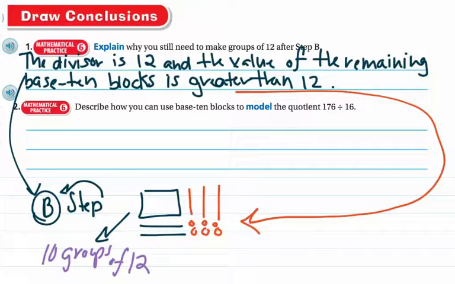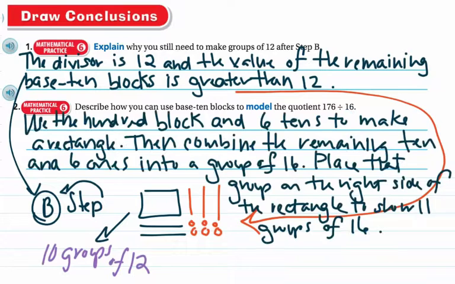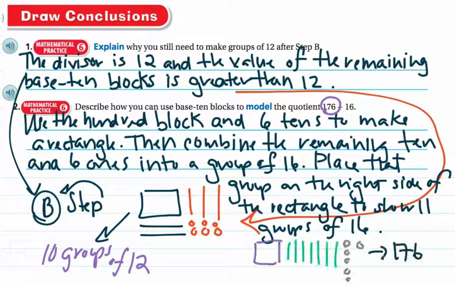Now on number 2, it says describe how you can use base 10 blocks to model the quotient 176 divided by 16. So we're going to use base 10 blocks to describe how we can use the blocks to model the quotient 176 divided by 16. So what I want you to do first is draw the dividend, 176.